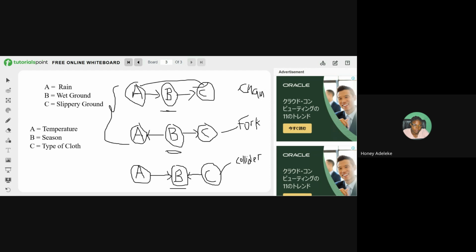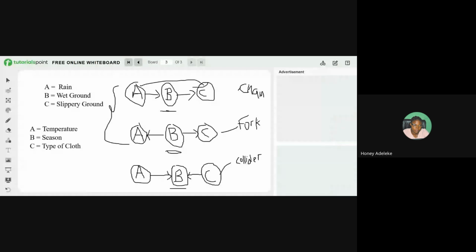The first node will not give you extra information about the last node because of the conditioning set. But this time around, once you observe the middle, that's the B, the path becomes active. Initially, it is normally blocked. Observing the B makes your path become active.